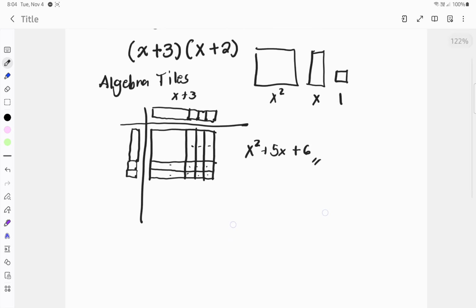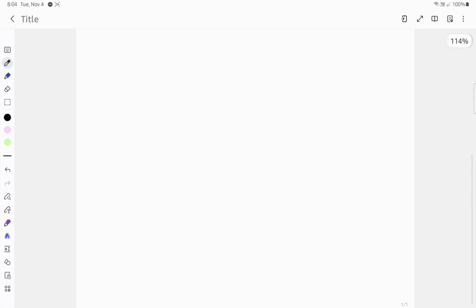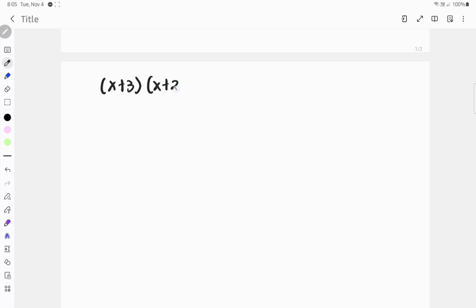Now, let's go to another method, which is what I call the box method. So, once again, same given, x plus 3 multiplied by x plus 2. Now, we create a box where the header of each cell is a term. So we know that this is a binomial by a binomial.